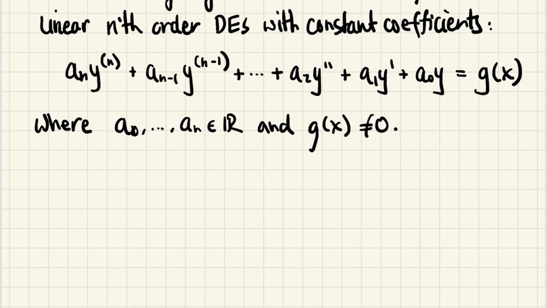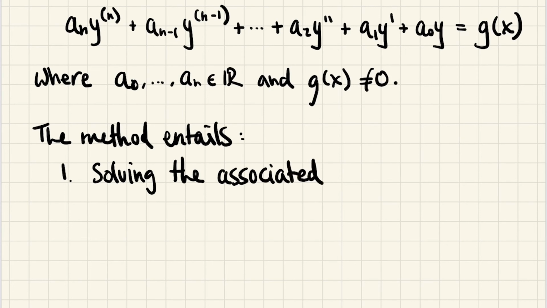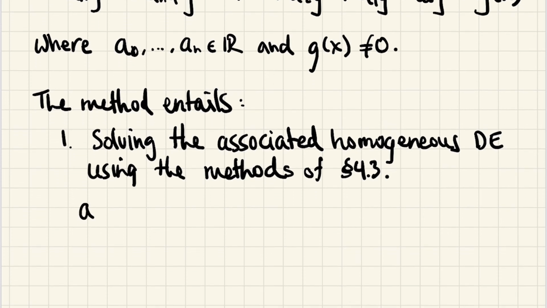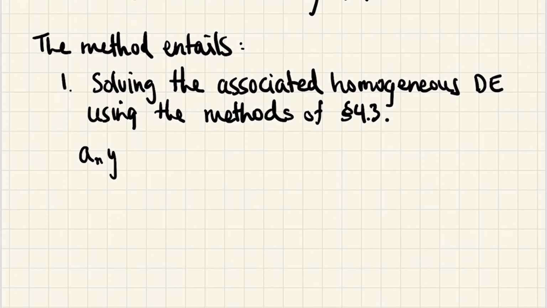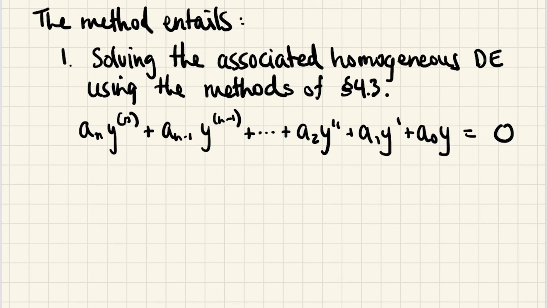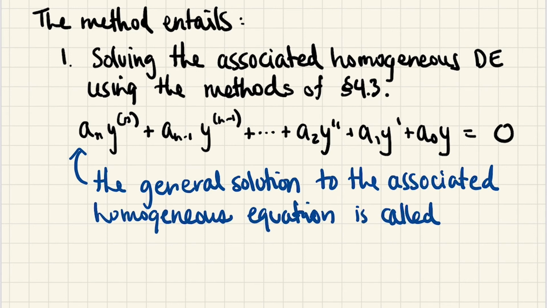But let's write down an outline of the method. So the associated homogeneous differential equation would be exactly the same left-hand side, but the right-hand side, of course, being 0. The general solution to this homogeneous part we will call the complementary solution.